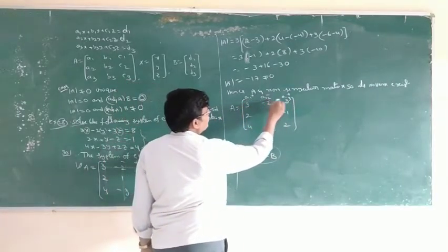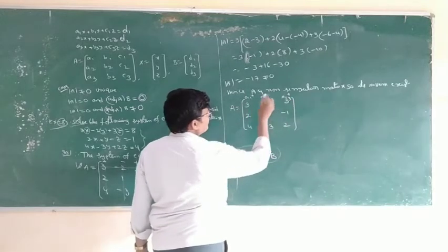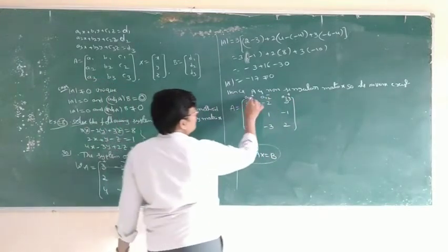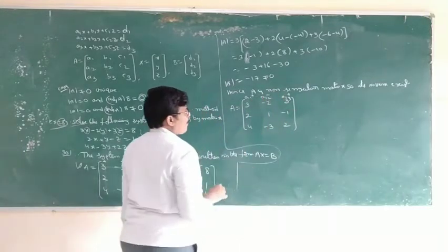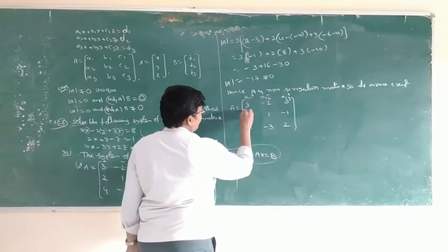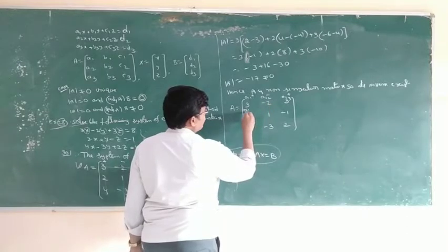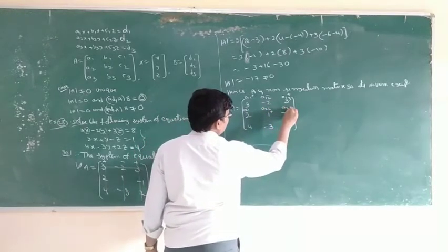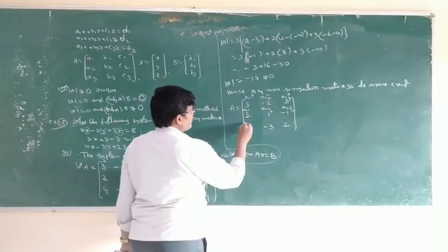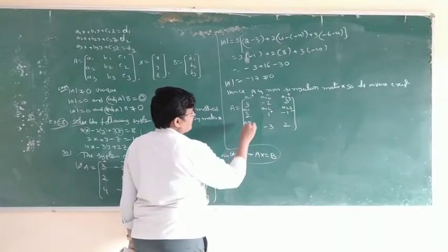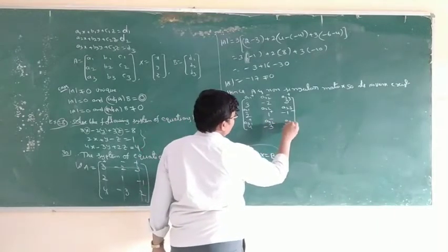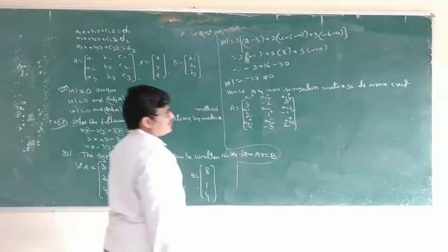A11, A12, A13: first row first element, first row second element, first row third element. This is first plus, then minus, then plus. A21 is minus, A22 plus, A23 minus. Next A31 plus, A32 minus, A33 plus.